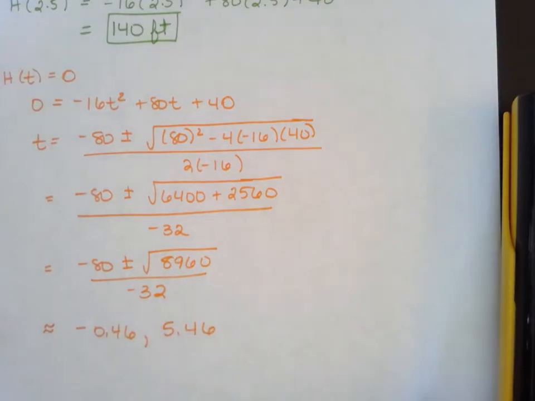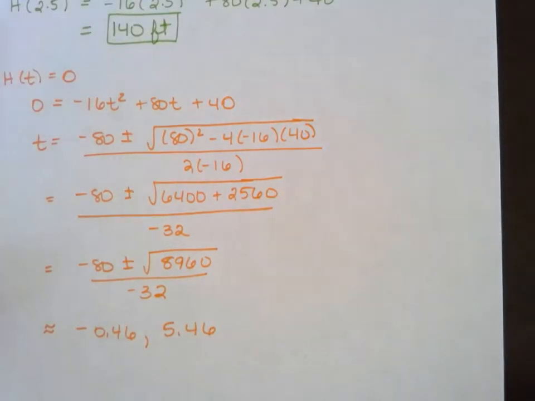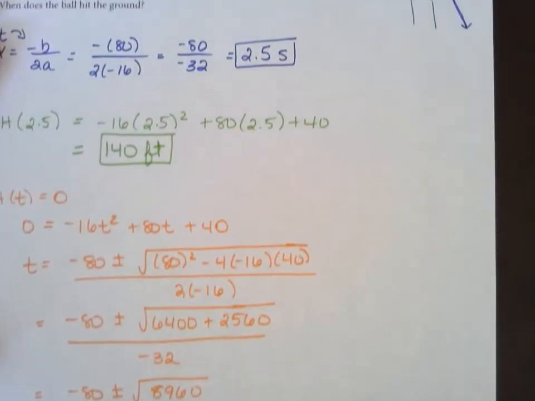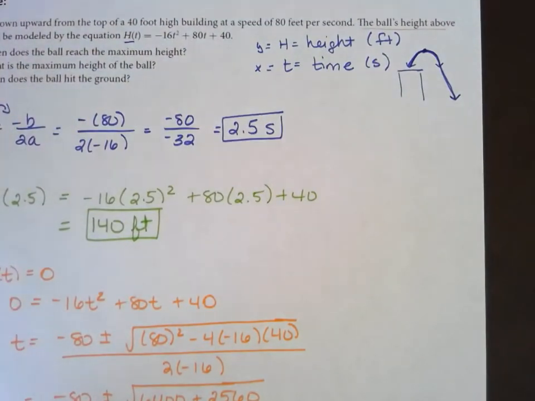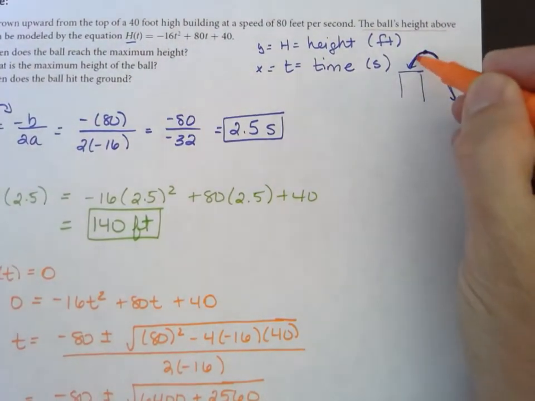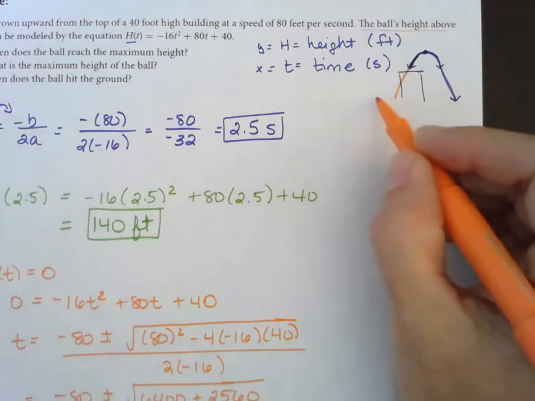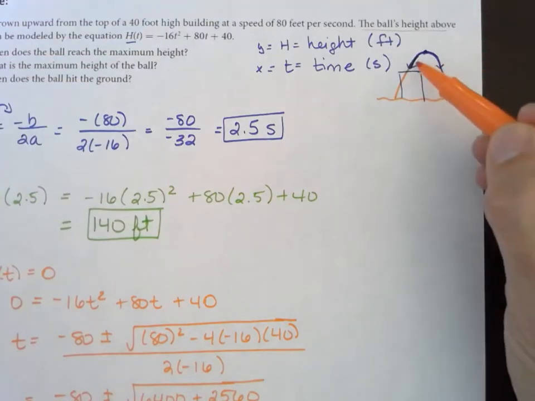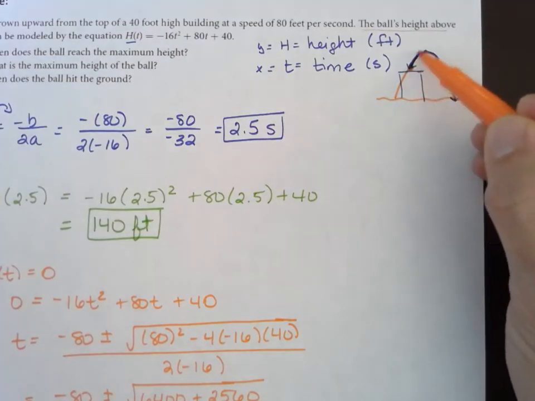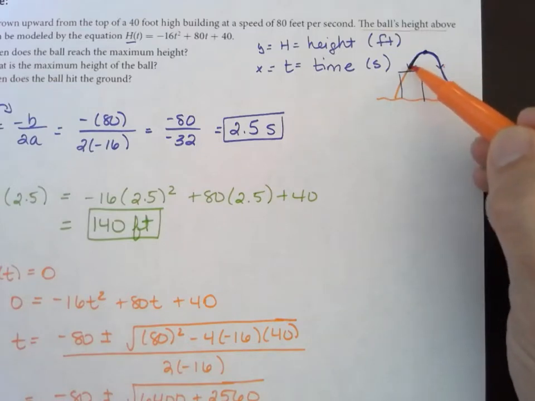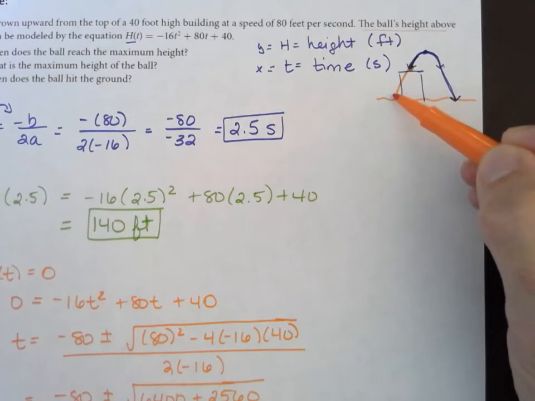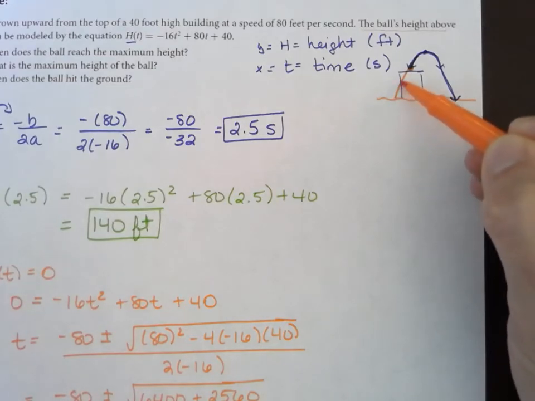So what exactly does this mean? This is when the ball hits the ground. Well, go back to the original picture that I sketched up here. If we complete this parabola, the ground is here, right? So we threw the ball from here. Time actually started right there. If we went back in time to finish out the parabola, that would be throwing the ball from the ground.